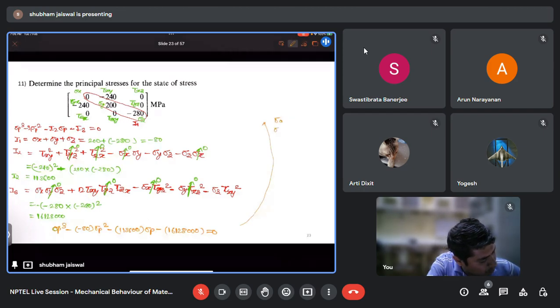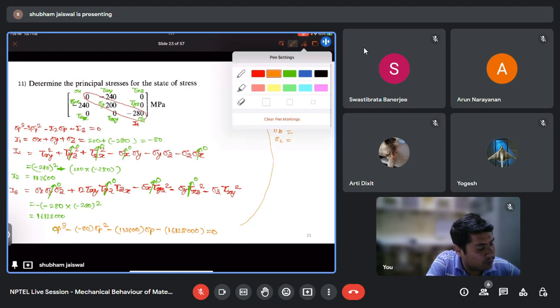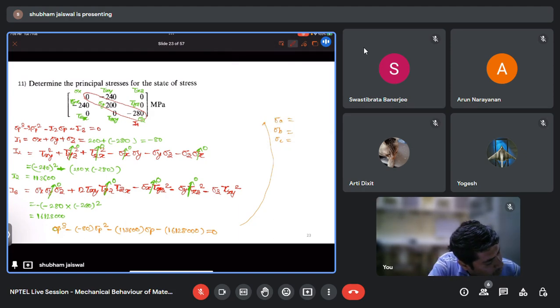Sigma A, sigma B, sigma C. So the first root comes out to be 360 megapascal. Am I correct? This comes out to be minus 160 megapascal and this comes out to be minus 280 megapascal.